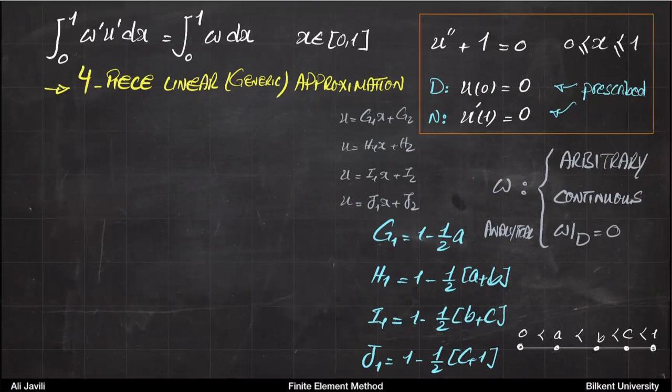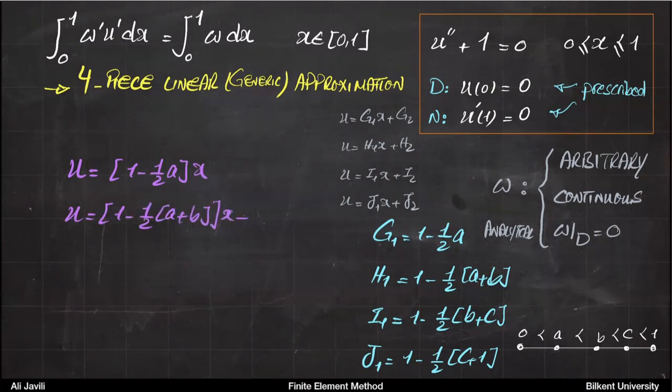Okay, so if you do that, then u, the first part would be 1 minus 1/2 of a times x. That would be for the first piece. The second piece would be 1 minus 1/2 of a plus b times x plus 1/2 of ab.